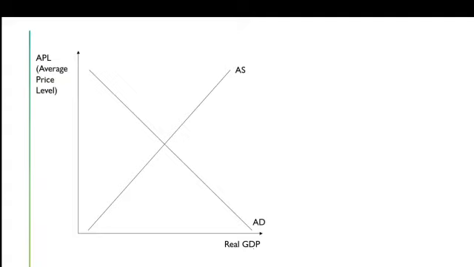Well, demanded anyway. And then AS, obviously, suppliers within an economy will supply more at a higher price point. And this is a general rule of thumb. Obviously you can get more complex diagrams than this, but as I said, this will serve the purposes of this video. So, as I said, we'll be focusing on aggregate demand today, this curve.